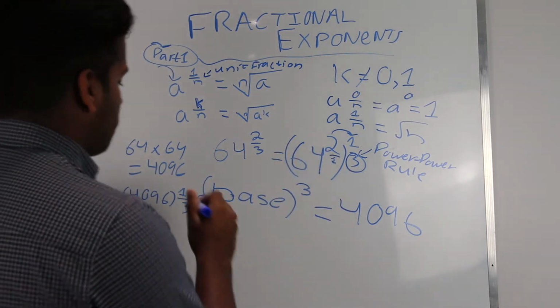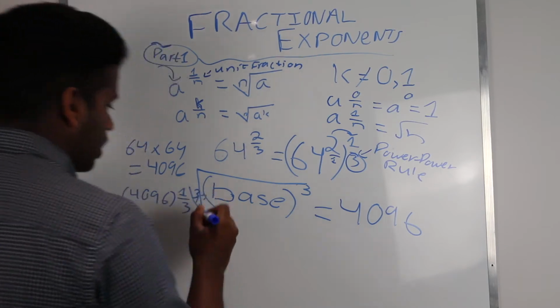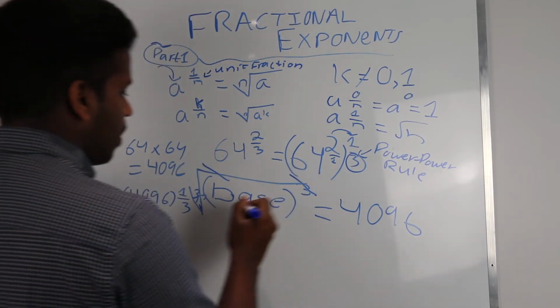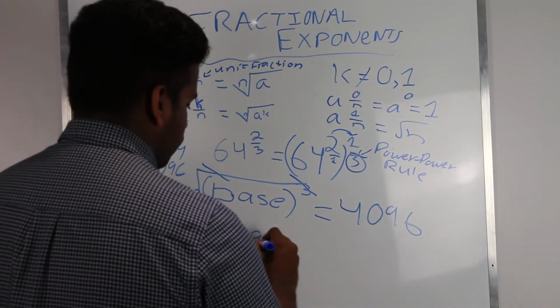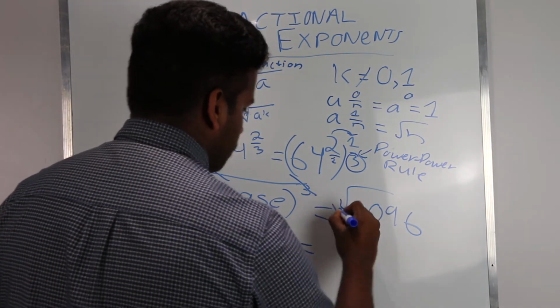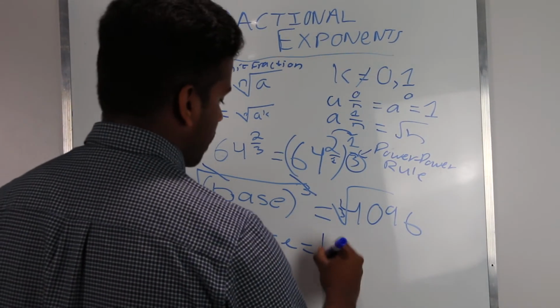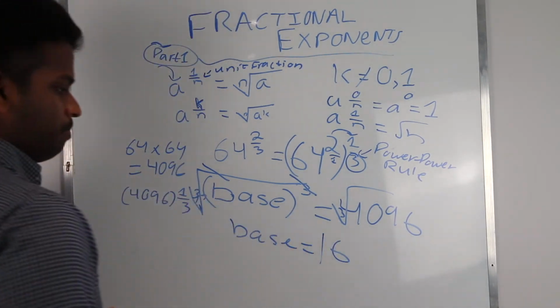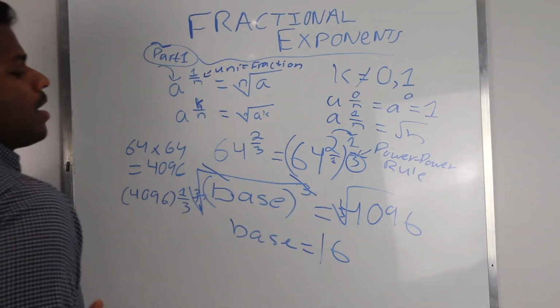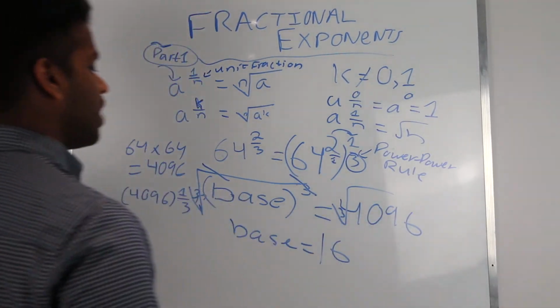We're doing the opposite operation, which is the root. So we do the cube root. The cube root and the power of 3 cancel out, and the base is by itself, isolated. What we do to one side, we do to the other side. So base equals the cube root of 4096, which is 16. If you plug it into your calculator, 16 times 16 times 16 gives you 4096.